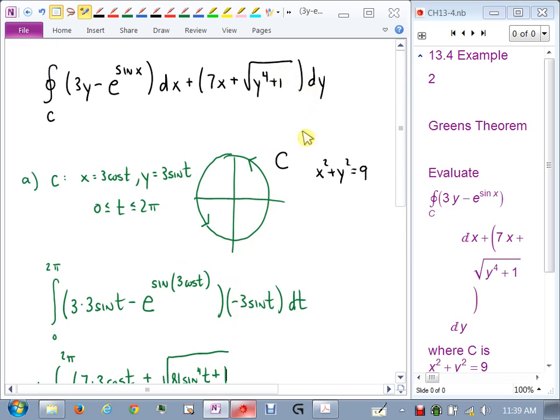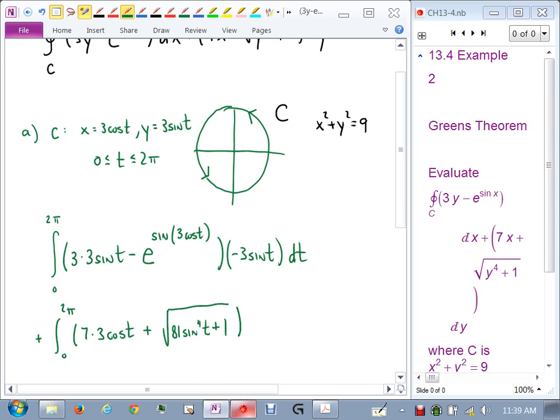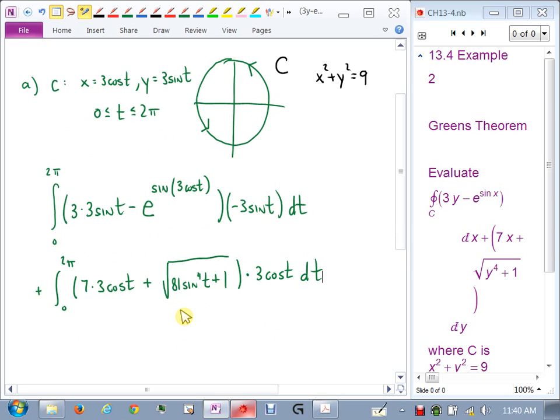And then all that dy. What's dy? 3 cosine t dt. Do you see this disaster? Anybody feel like integrating that? I don't even think I would want to put that in Wolfram Alpha. I'm afraid of what it would say back to me.